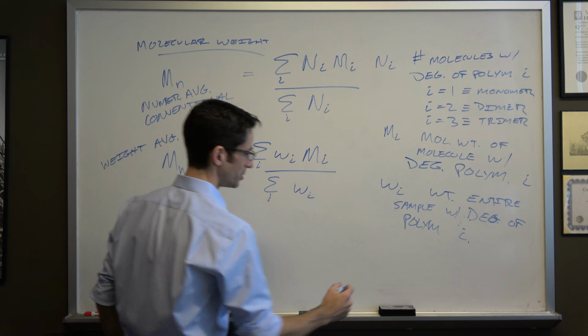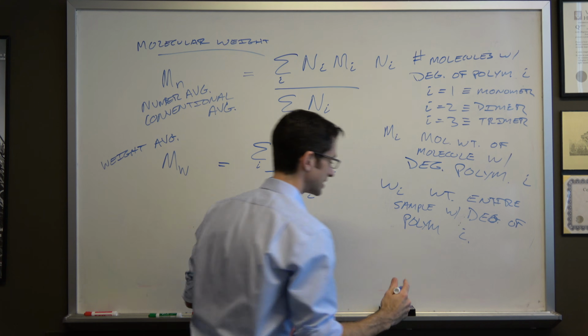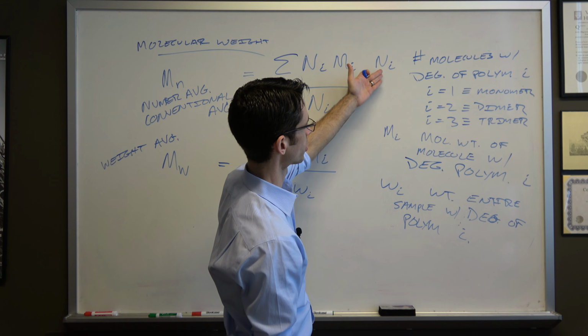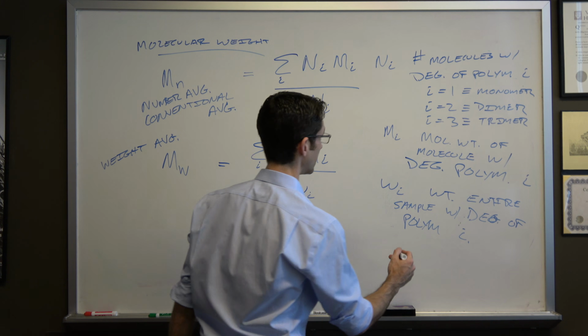Now, since W is the weight of the entire sample, you could also express it as the product of N sub i times M sub i.